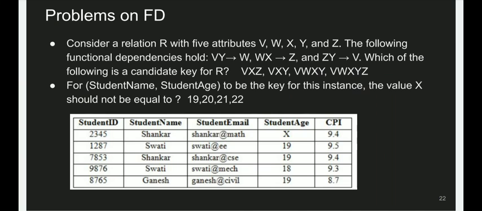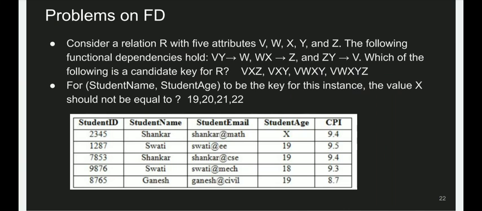Now here is another problem. They have given different attributes and the functional dependencies which are holding on those attributes. We are asked to find the candidate key. So as said for the earlier question, you have to determine using the closure.